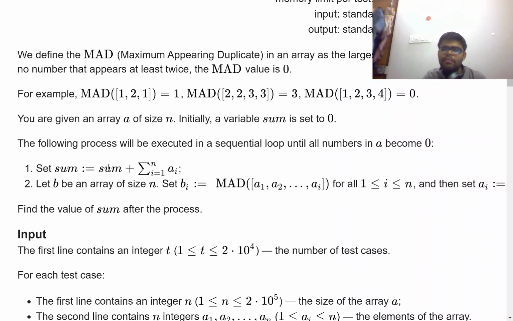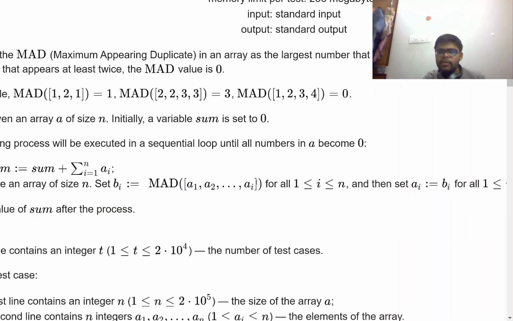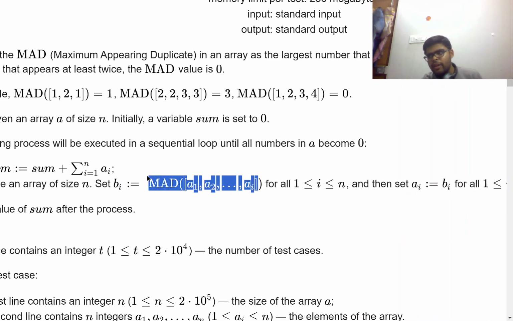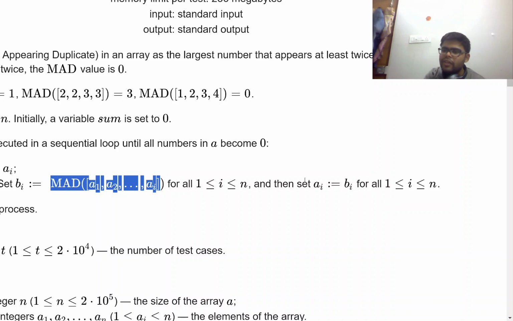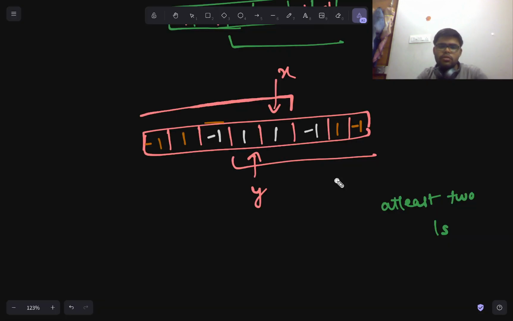In the process, we add the sum of all the elements in the current array to the variable sum, and after that we create an array b of size n, where b_i is the MAD of the prefix of the array a till the index i, and then we set a_i equal to b_i for all the integers i.